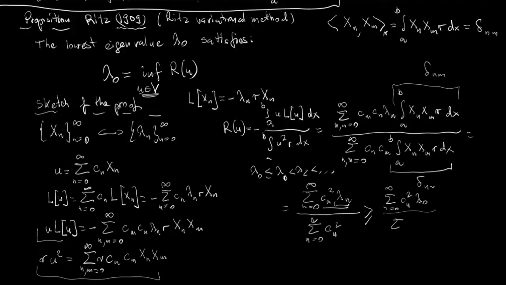So therefore we have this, and now lambda_0 is the same for every n, so we can just pull it out in front of the sum, and then we have the sum of c_n squared over the same.